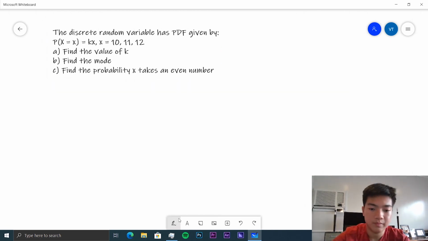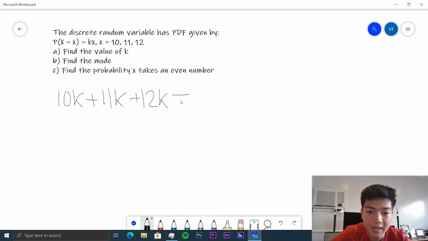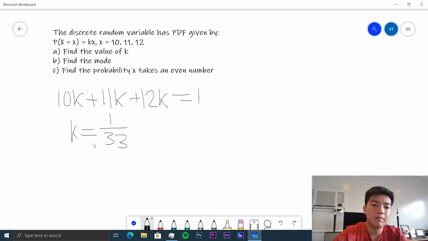We need to know that 10 times k plus 11 times k plus 12 times k must add up to 1, since these are the three possible values that this discrete random variable can have. Therefore k is equal to 1/33, because 33k is equal to 1.